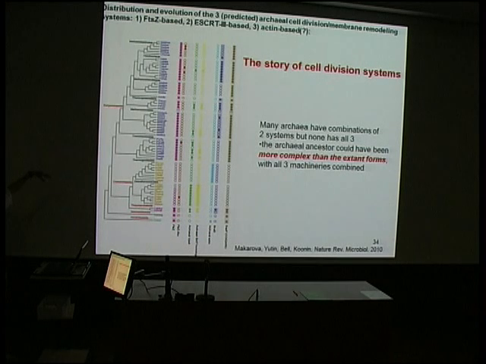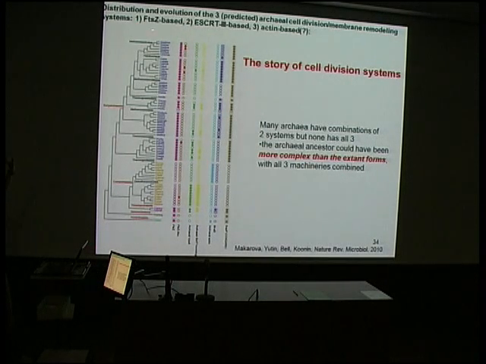We have, a couple of years ago, extended this to a broader study of the cell division systems, and that brought up very interesting results. Namely, that there are at least three distinct types of cell division systems in the archaea.